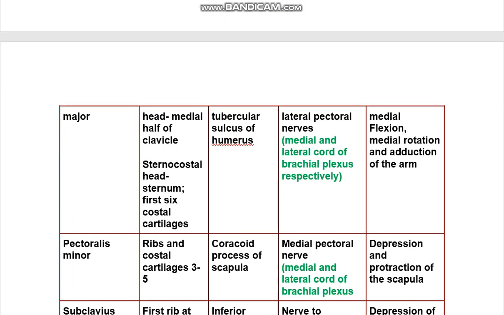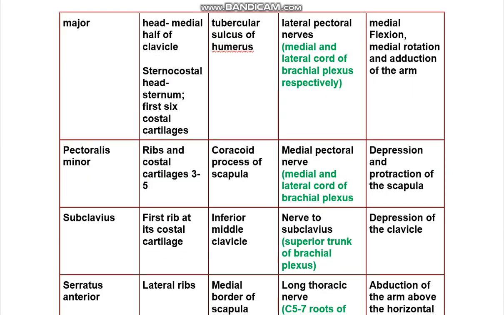Alright, so we also have the pec minor. The pec minor is going to be attached to the ribs and costal cartilage 3 through 5. And the pec minor is also going to be attached to the coracoid process of the scapula.